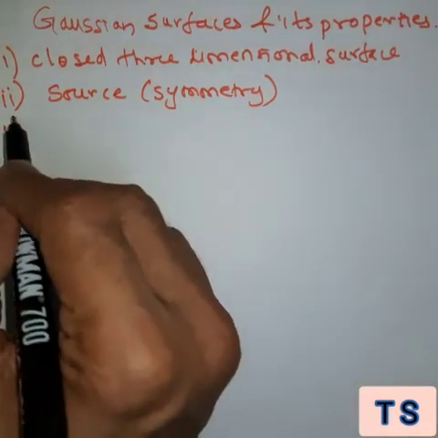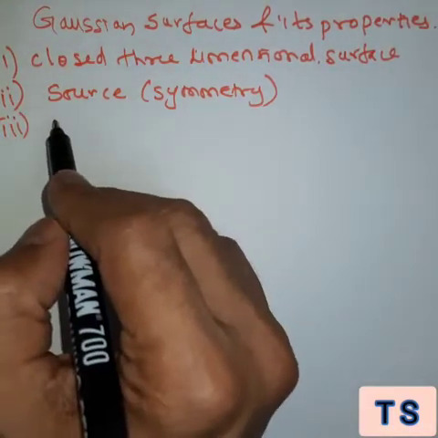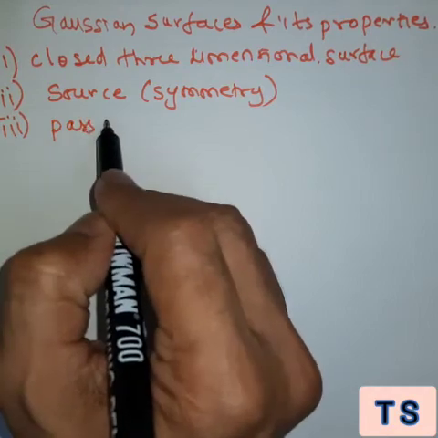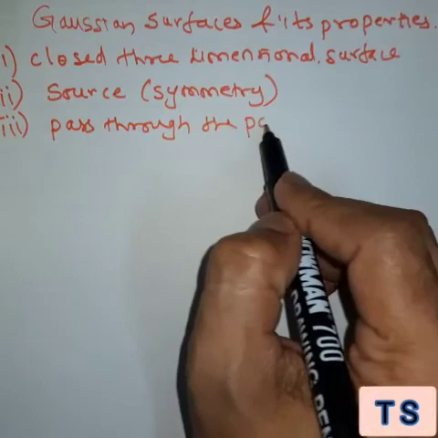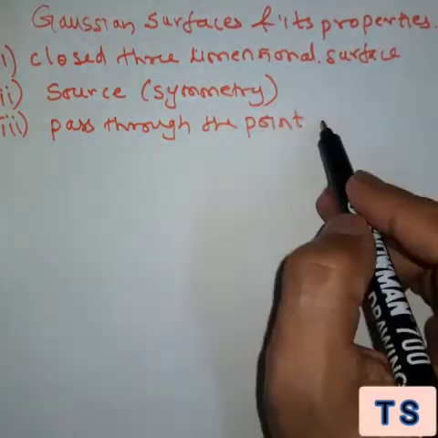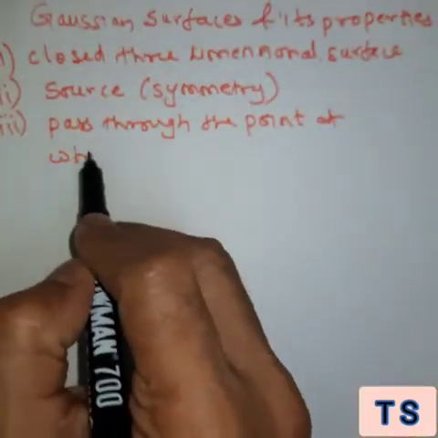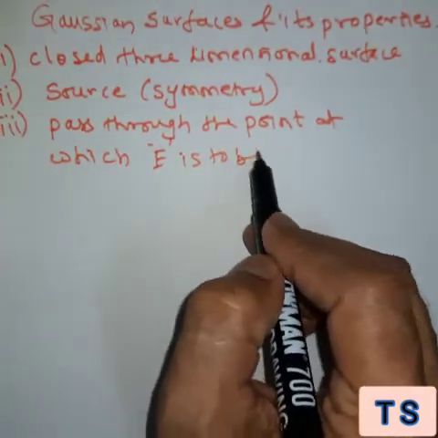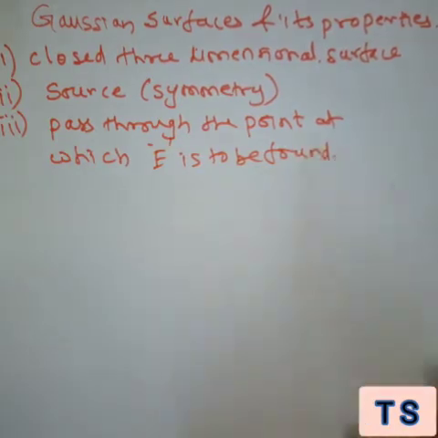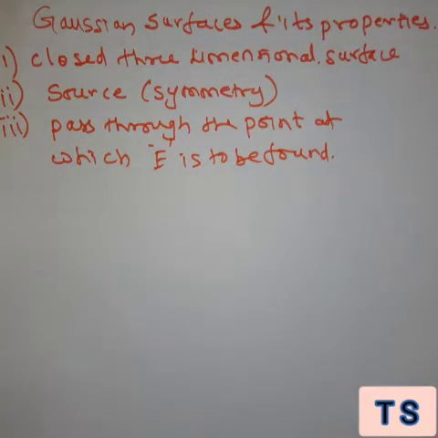Third, whatever Gaussian surface we take, it should pass through the point at which E is to be found. So you have to take a Gaussian surface which is in symmetry with the source and passes through the point at which we have to find E.